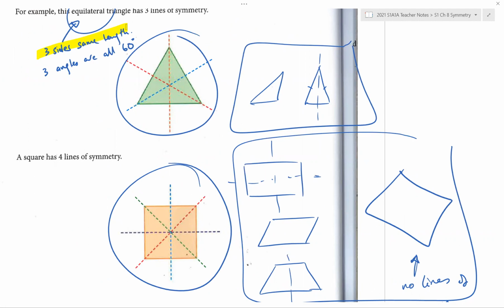Turns out for a square, all four sides are the same length. For an equilateral triangle, all three sides are the same. All the angles in the equilateral triangle are the same. All the angles in the square are the same. When you have a case like this, the number of lines of symmetry will be the number of sides your figure has.